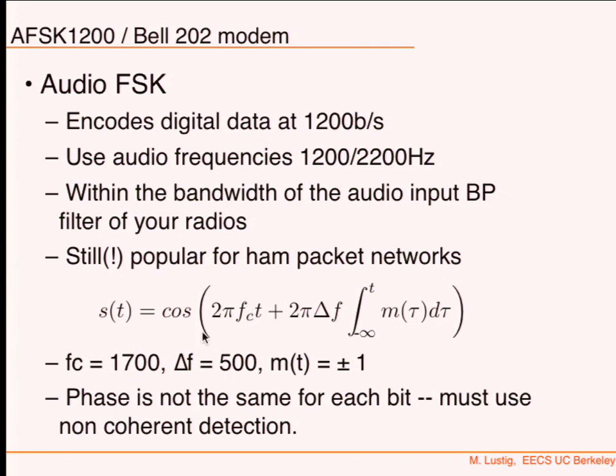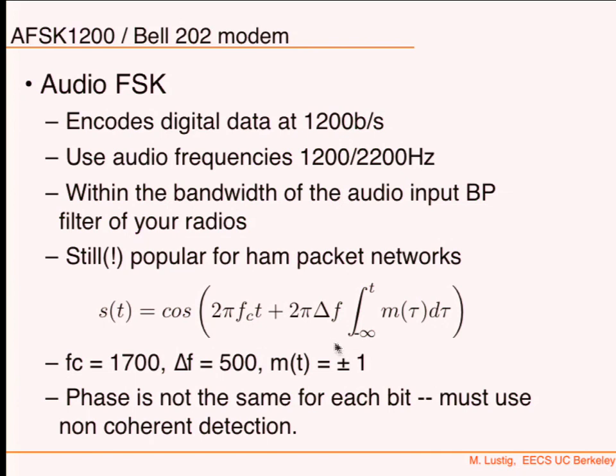It's a cosine or a sine or whatever the phase is, so arbitrary phase: 2 pi fc, which is 1700, times t, plus 2 pi delta f, which is 500, and then you integrate over a signal we call m of tau, which is called an NRZ, non-return to zero, which is really plus or minus 1 digital information at a constant bit rate, and you integrate over that.